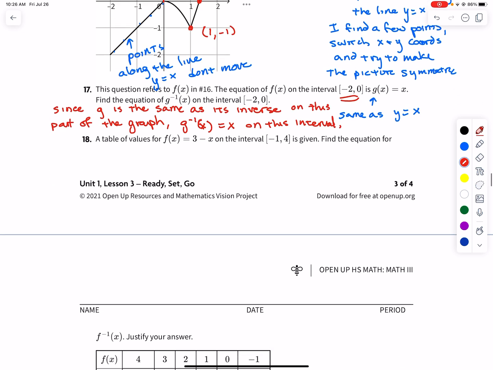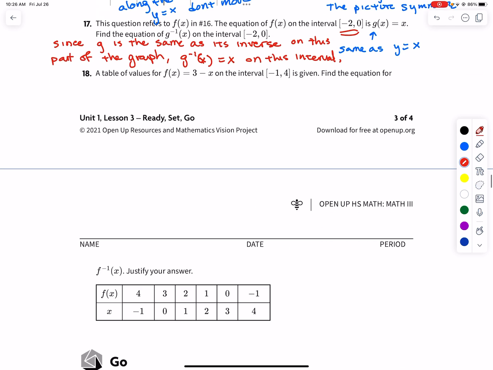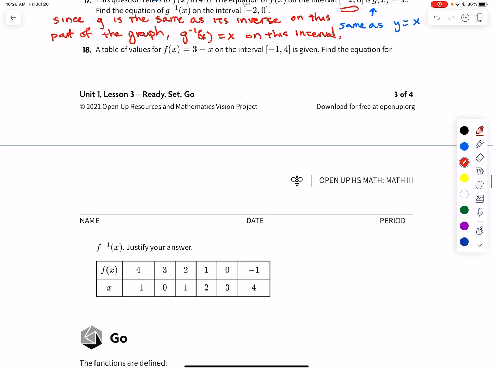Okay, new question. A table of values for 3 minus x. Notice, yeah, the tables are on the next page. This happens very frequently. Okay, so 3 minus x is given.